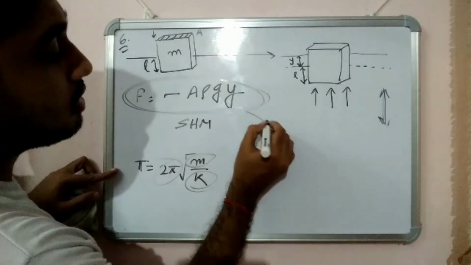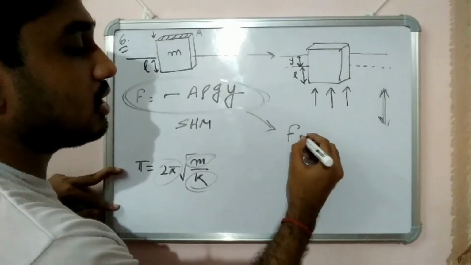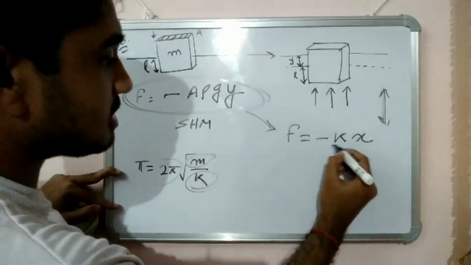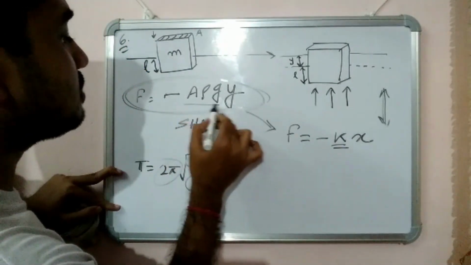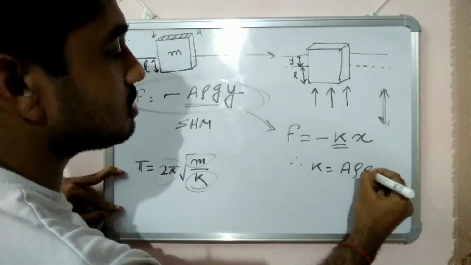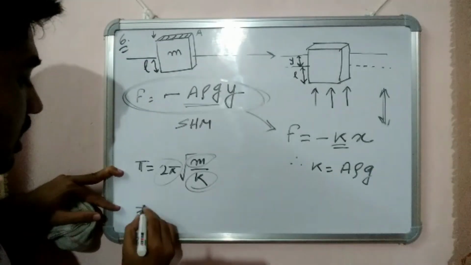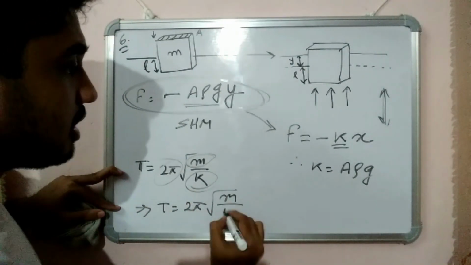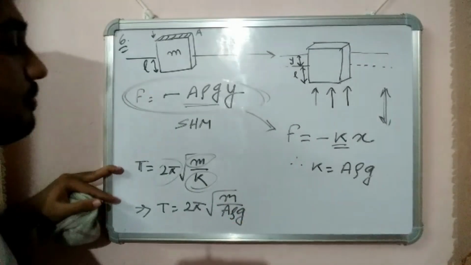We know from the SHM equation F is equal to minus kx, and this k is this portion, so k is equal to A rho g. The time period T will be 2 pi root m by A rho g.